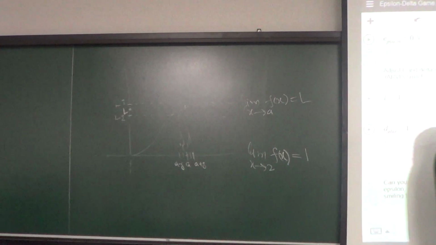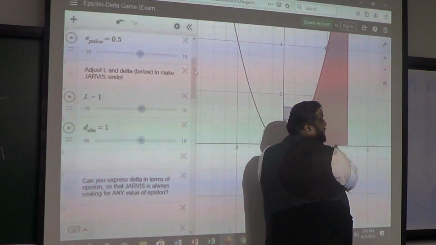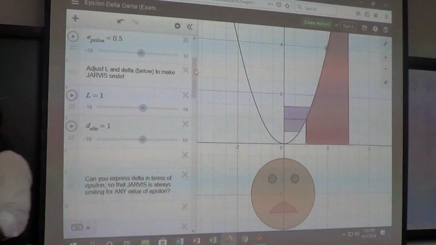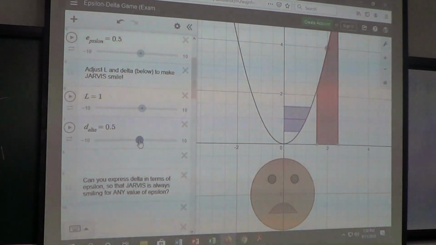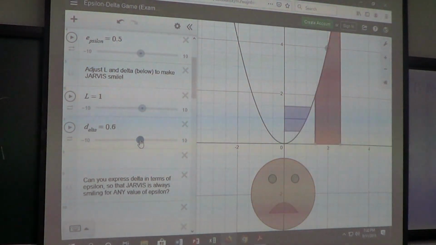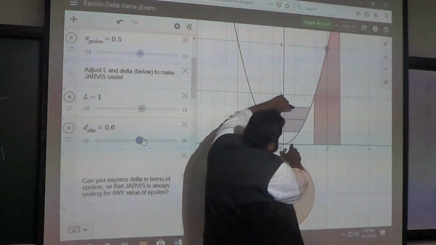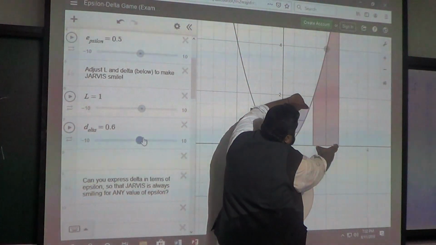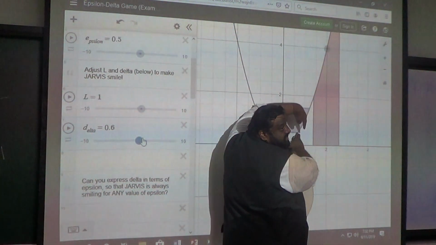The interval is here, and no matter how small or big I make this interval, I'll never get into this interval. Let me show you how. Let's vary the delta. I want to get the values in this part of the segment, while here I'm not in this part of the curve.